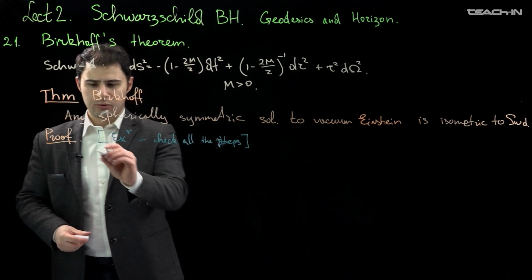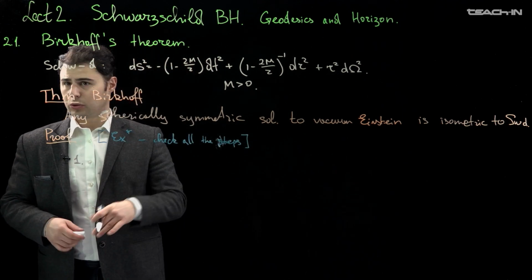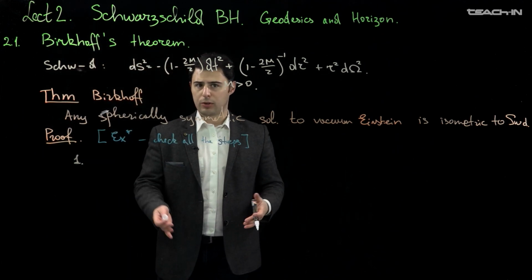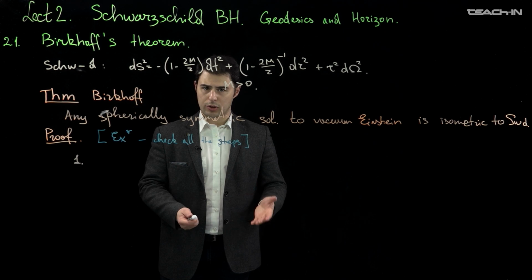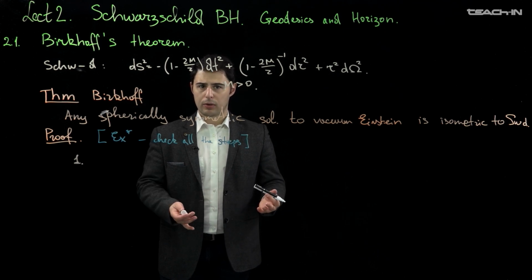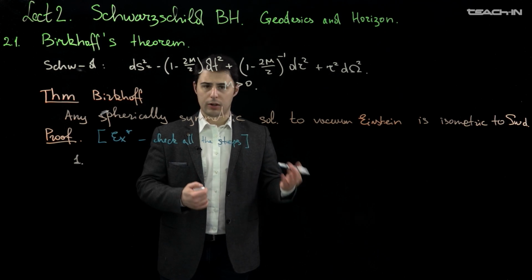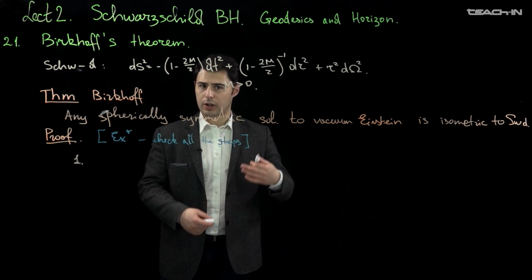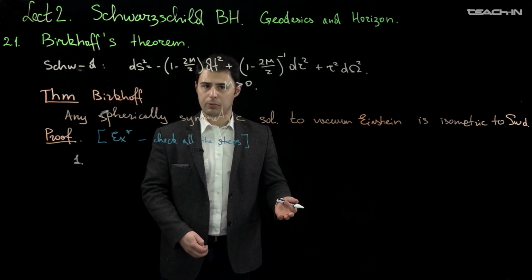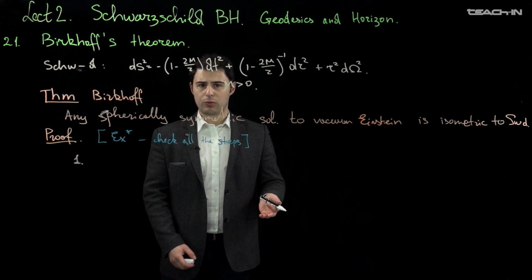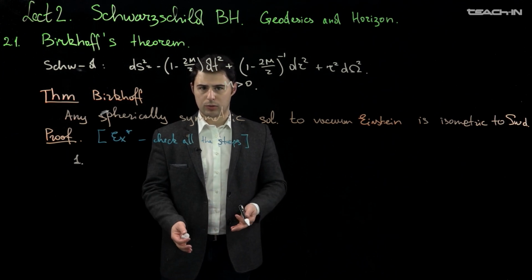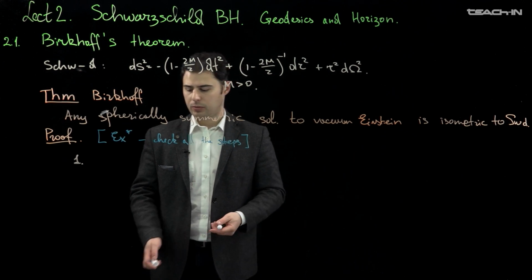The first step of the proof is to write the metric in a convenient form. Since we want to show that a given solution is unique, and we are solving the Einstein equations, which have a lot of coordinate freedom, gauge freedom inside them, we would prefer to fix the coordinates as much as possible, to fix the gauge as much as possible.